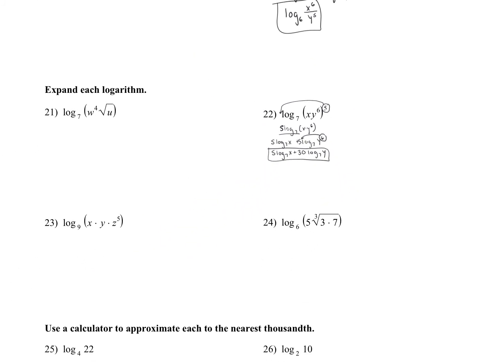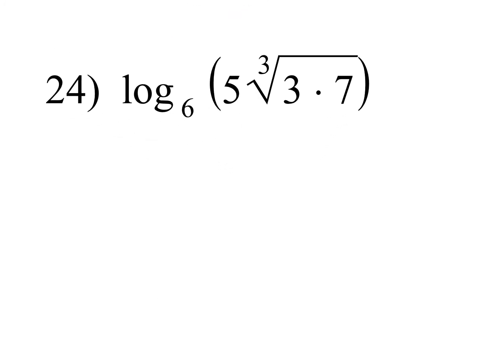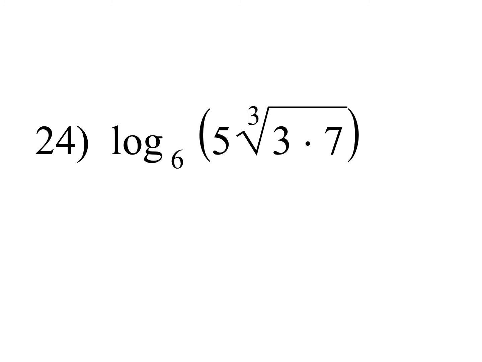All right. 24, we're expanding again. Whenever we see a square root or a radical, we want to change it to an exponent. We know the cubed root of x is the same thing as x to the 1/3 power. We need to change it to an exponent, that way we can take our exponent and move it up front for our logs.